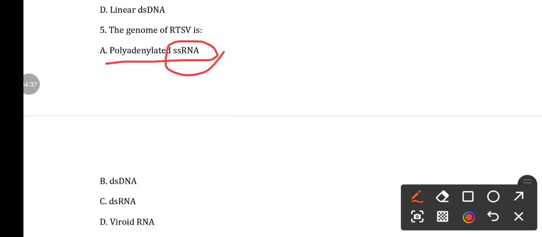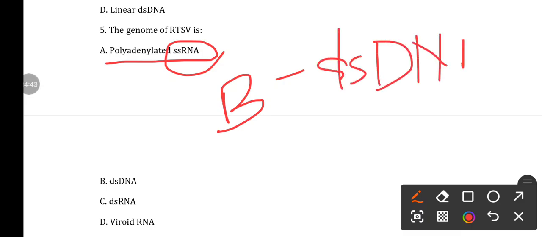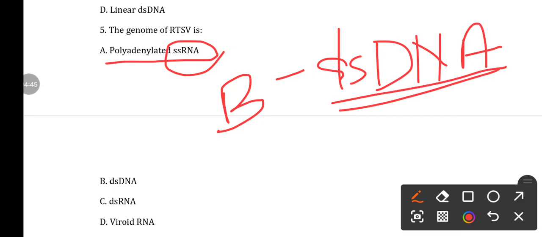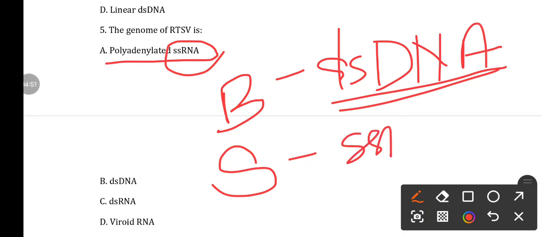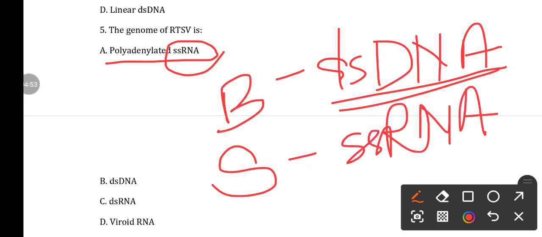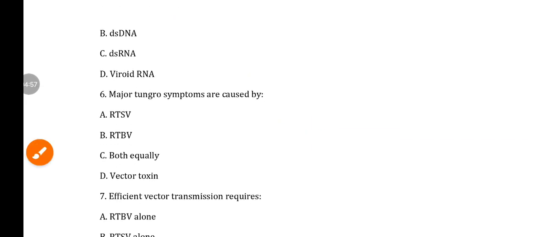Remember this: for Bacilliform, the genome is in the form of double stranded DNA. For Rice Tungro Spherical Virus, it is single stranded RNA. These are very important things, remember this.